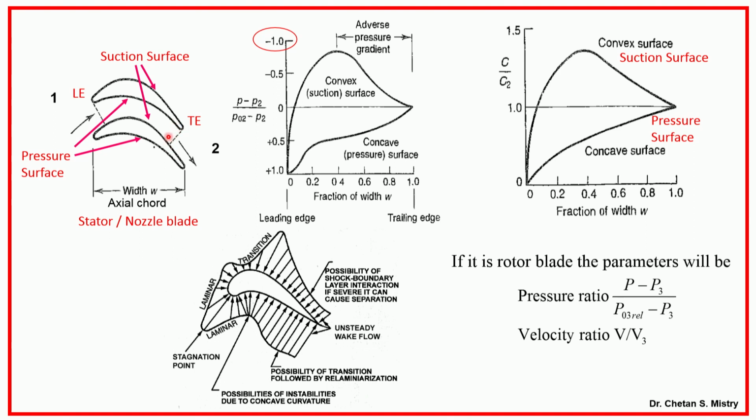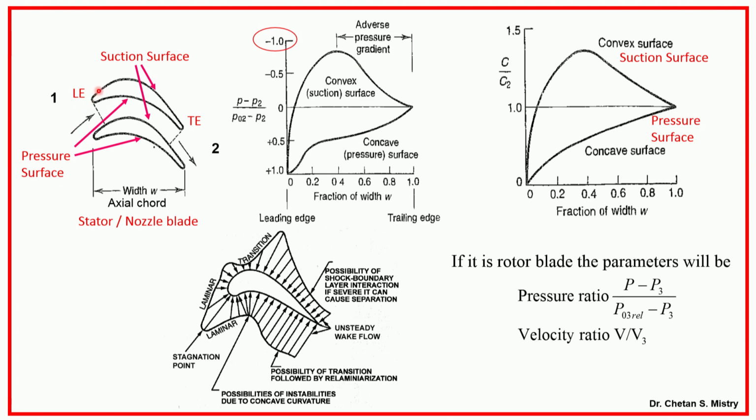Okay. Now, what is happening? Suppose I am plotting, it is a reverse plot. For turbines, people put it in a reverse way. So, the downside represents my pressure surface, and the upside represents my suction surface. What is happening on my suction surface?